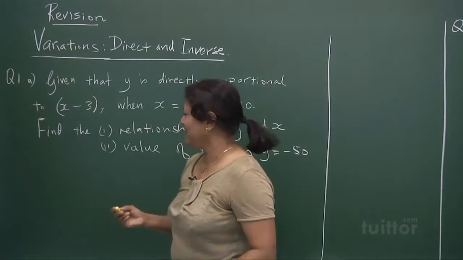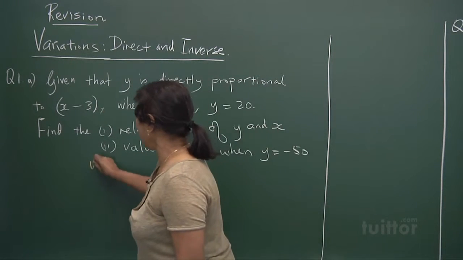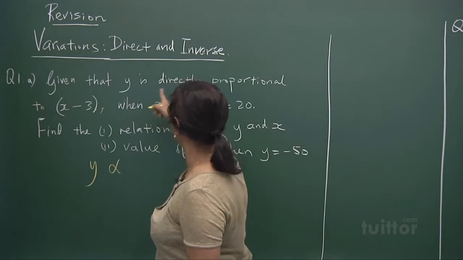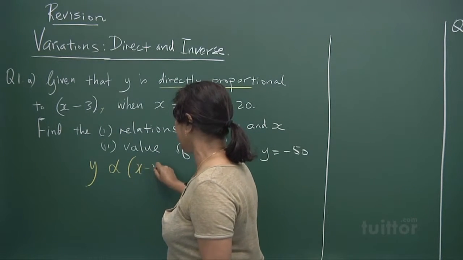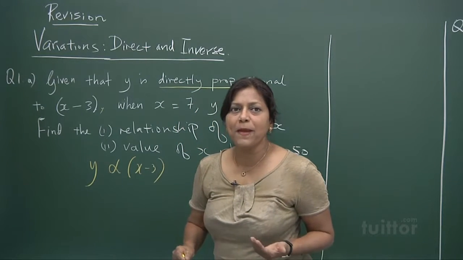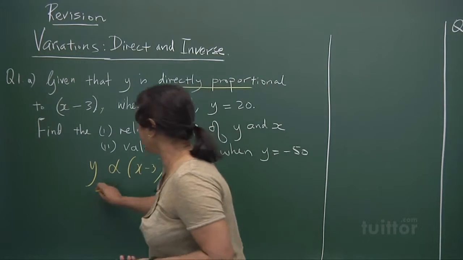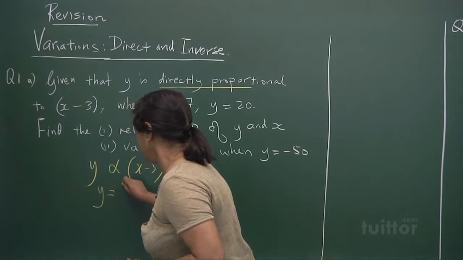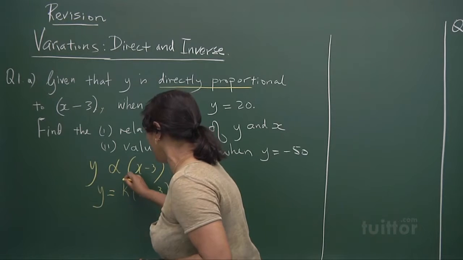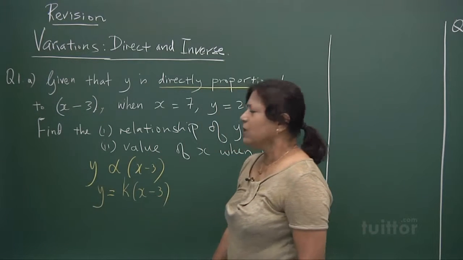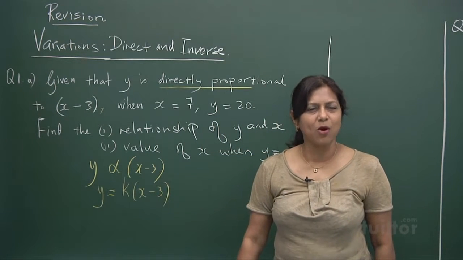Now, what do you write? y varies directly. You see the word directly, so you put here x minus 3. You now want to form an equation, so you introduce a constant, that is k. y equals k times (x minus 3), a small k. So you need to find out what this constant is.